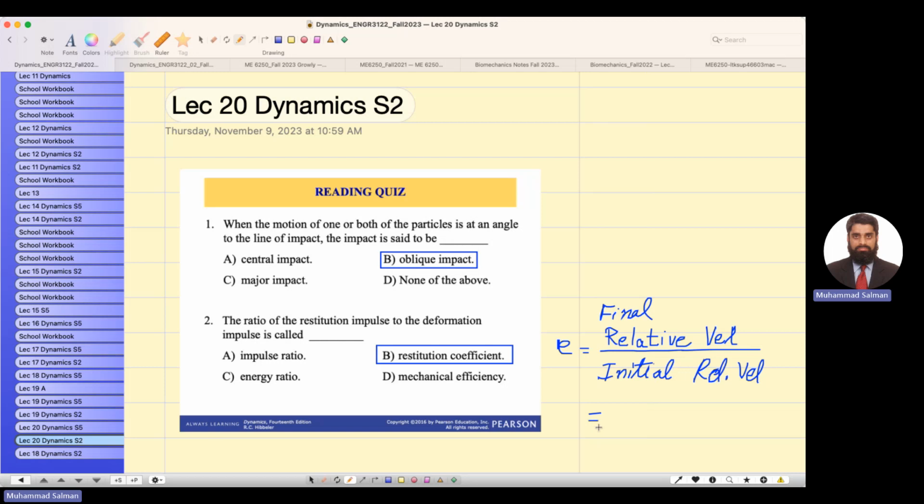So over here, and it is always along the line of impact.